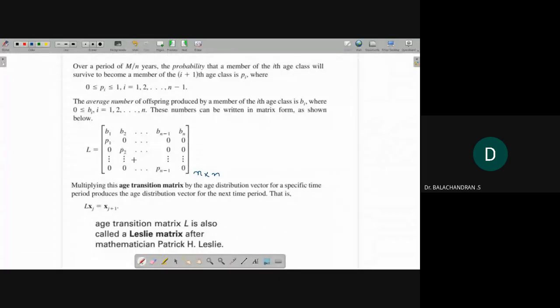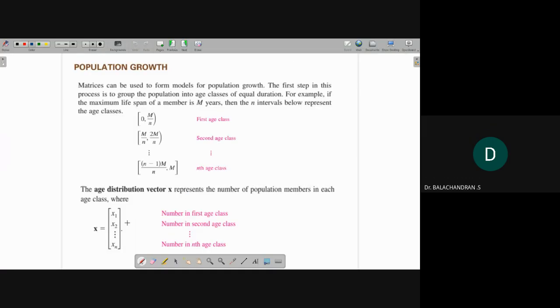P1, P2, and the next P3, and then finally you should write Pn minus 1. So this is the age transition matrix. Multiplying this age transition matrix by the age distribution vector, what is the age distribution vector?